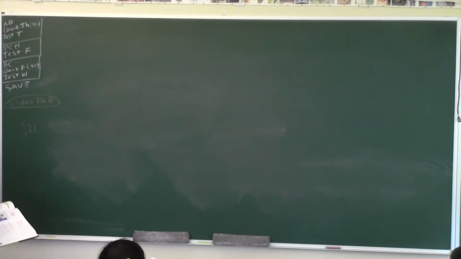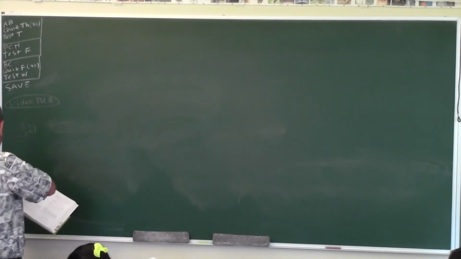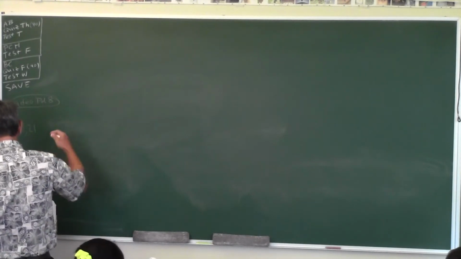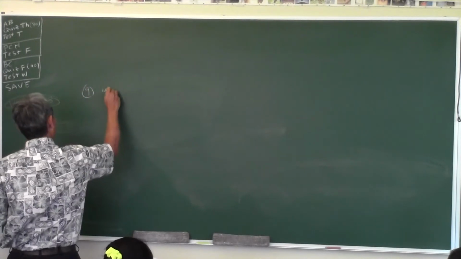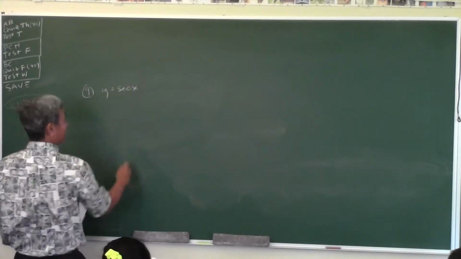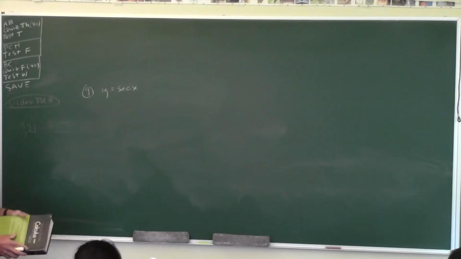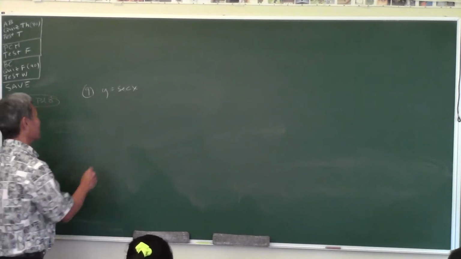Okay, we'll start with number 9. I can tell just by looking at this, you have to use your calculator because you're going to get an integral that you can't do.